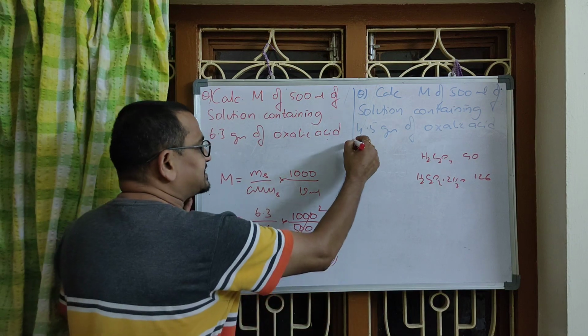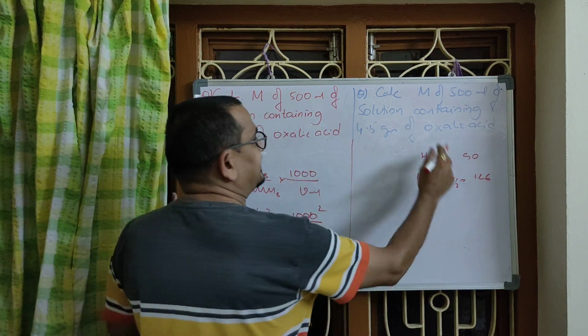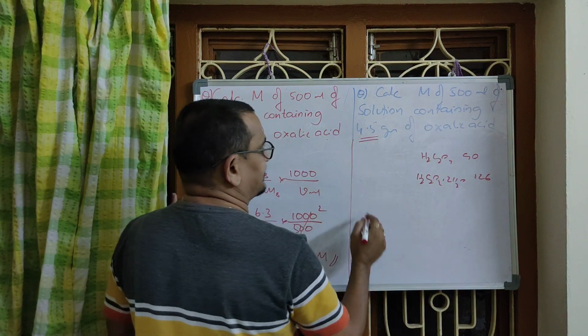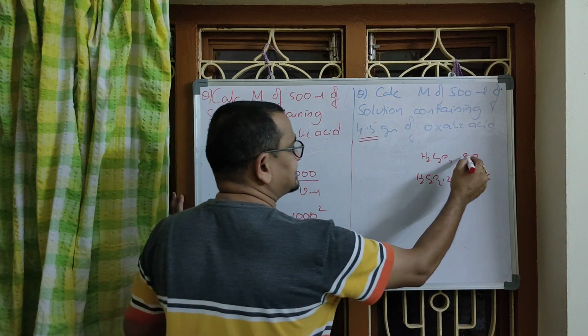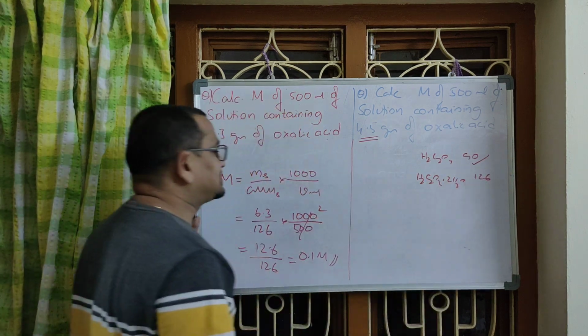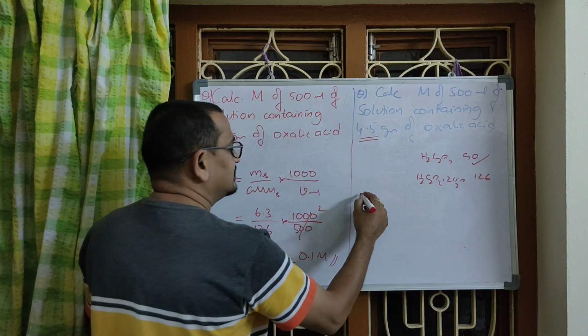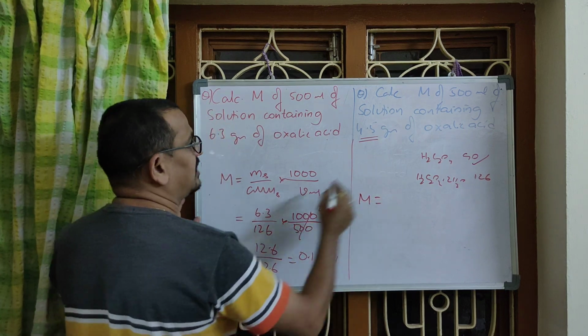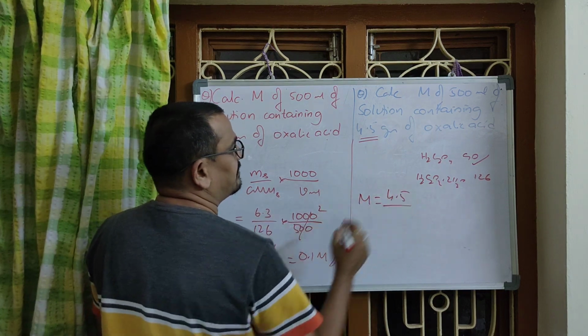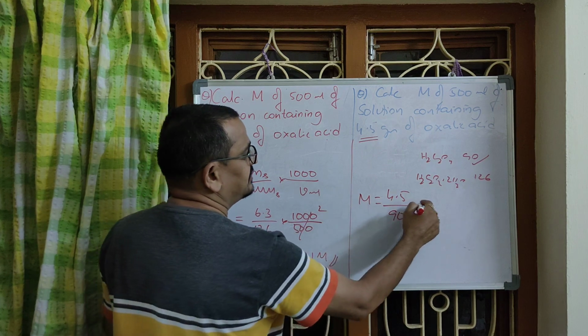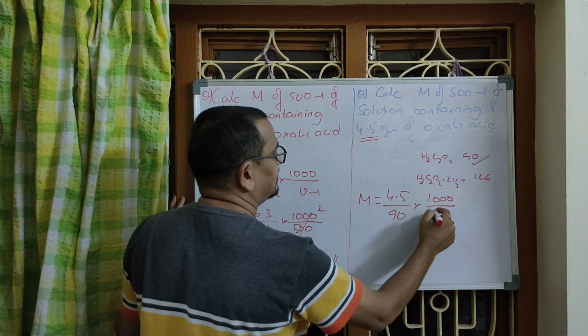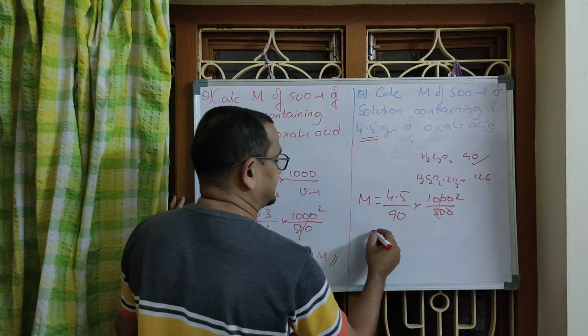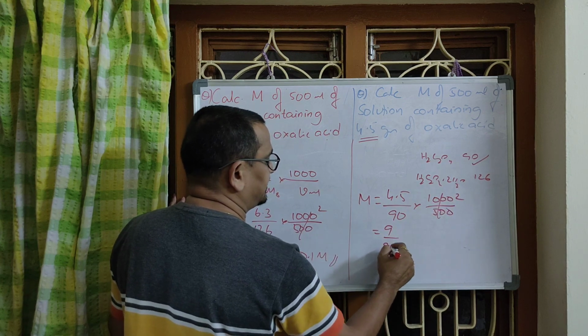Now, in the other numerical, 4.5 grams is given. 4.5 grams is related to anhydrous oxalic acid. So molarity equals mass 4.5 by molecular mass 90 into 1000 by 500, 2 times, it is 9 by 90, 0.1 molar.